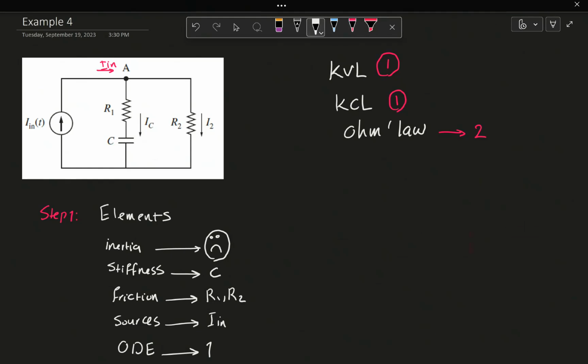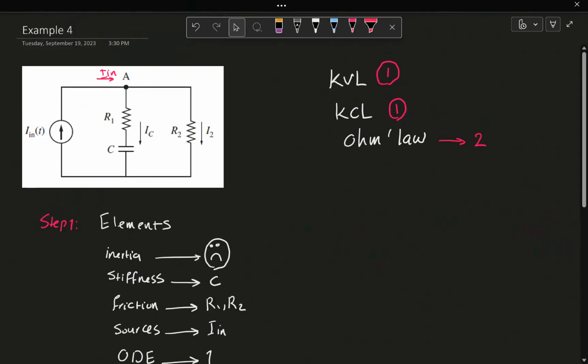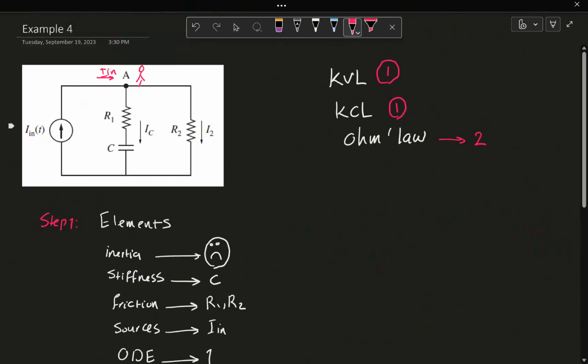Now, let's go ahead and do the KVL first. I'm going to start walking on this circuit in the direction that I've shown you. Convention 1 says that when you go in the same direction of the current, the voltage across R2 drops. When you get to C, the capacitor, since you are moving against the direction of the current IC, the voltage across the capacitor rises.